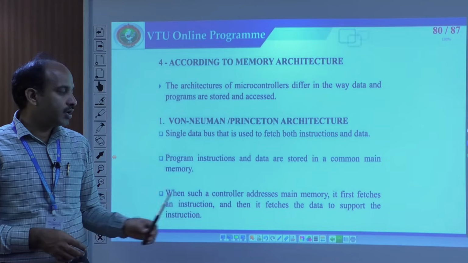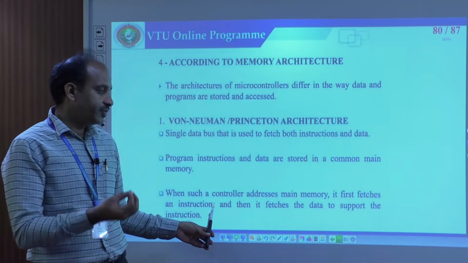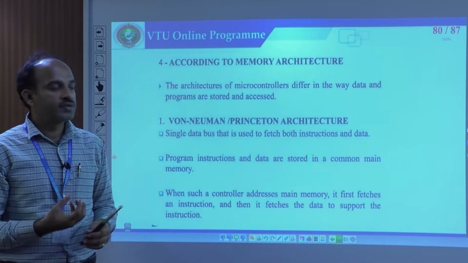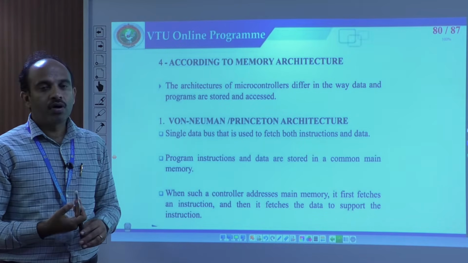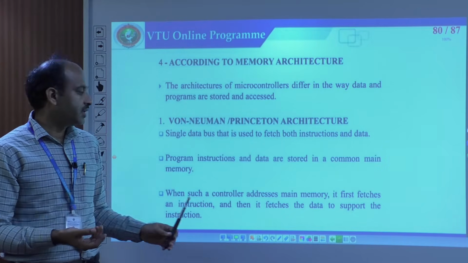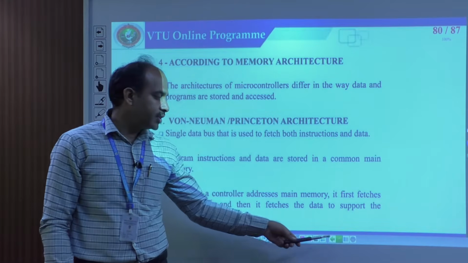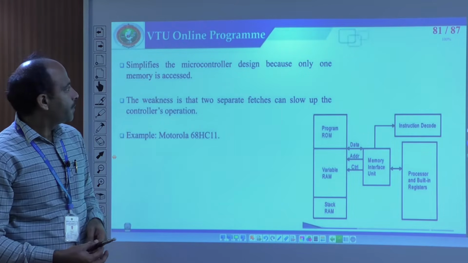When the controller addresses the main memory, it first fetches the instruction and then fetches the data, since it is a single common memory. Obviously first it will fetch the instruction, and based on that instruction it will then fetch the data to support that instruction.